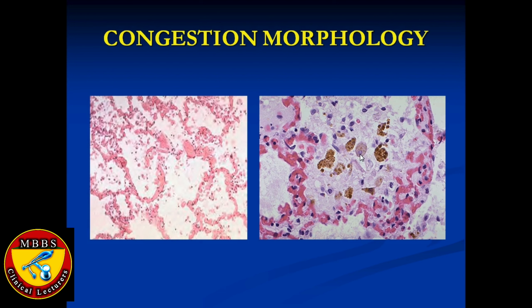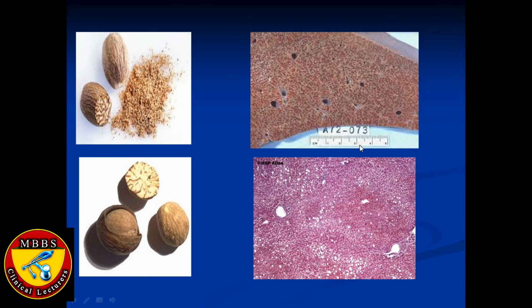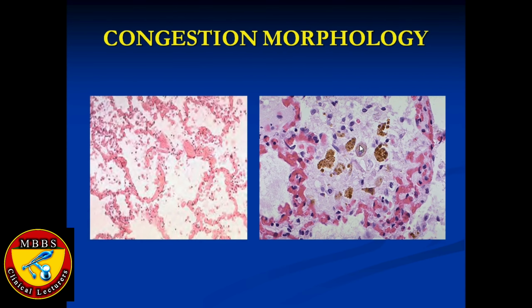Now, what did I tell you was the most common cause of this edema fluid present in the lungs? It was left ventricular failure. So, in cases of left ventricular failure, a lot of edema fluid accumulates and RBCs come out into the alveolar spaces, and these hemosiderin-laden macrophages are found.